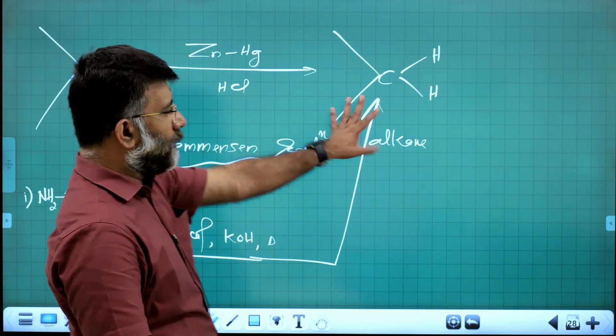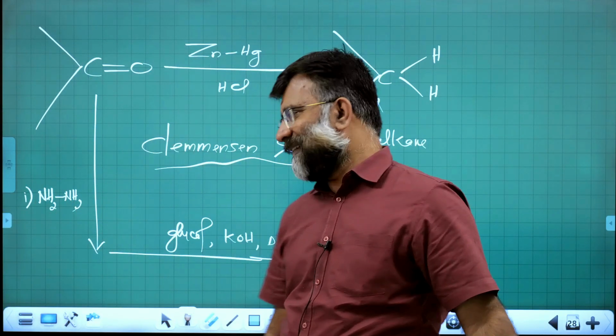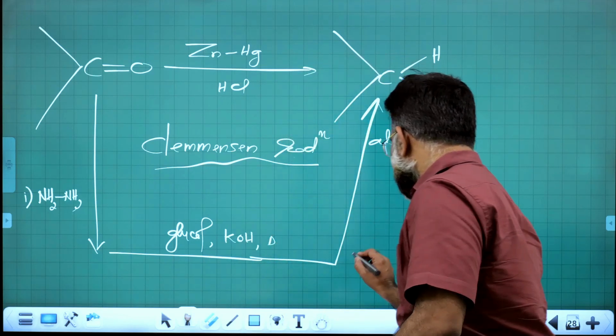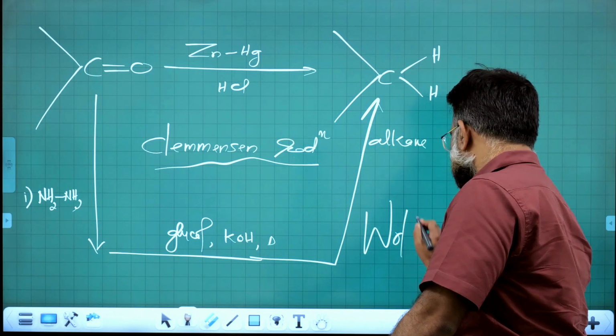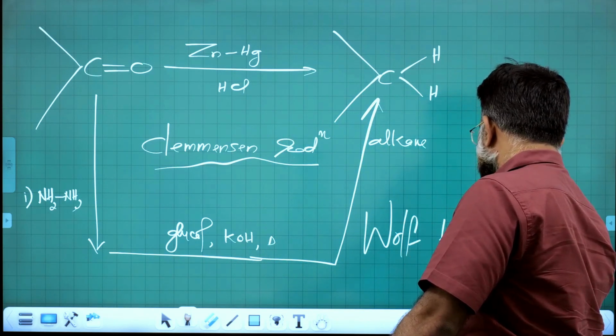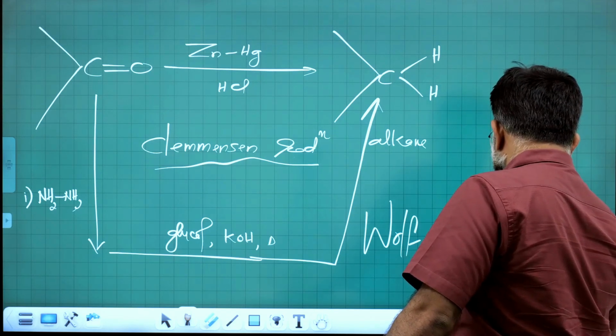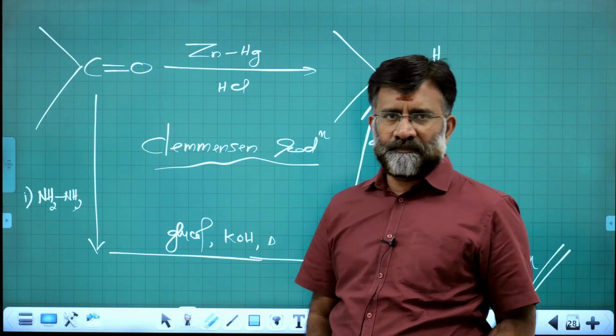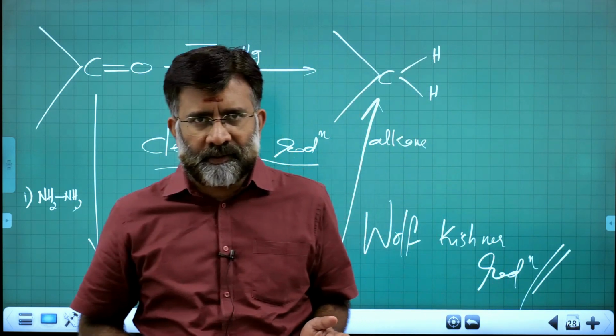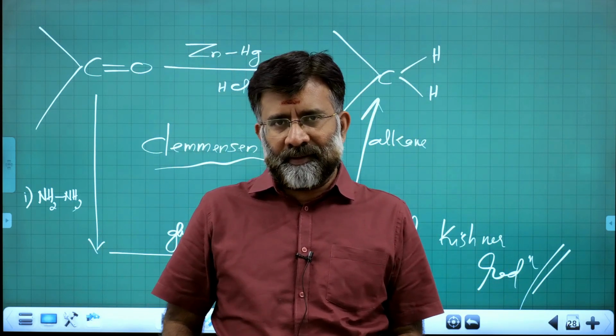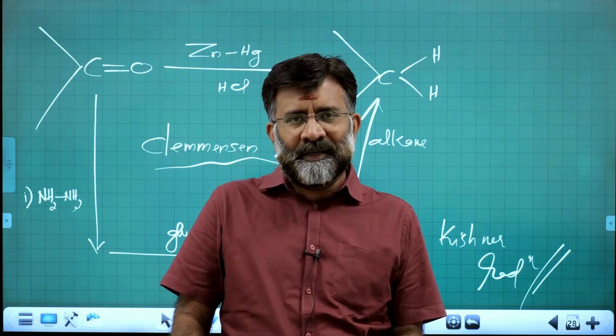You get the same result. That reaction you probably remember as the Wolff-Kishner reduction. The purpose of both reactions is basically the same. The CO group is converted to CH2 group.